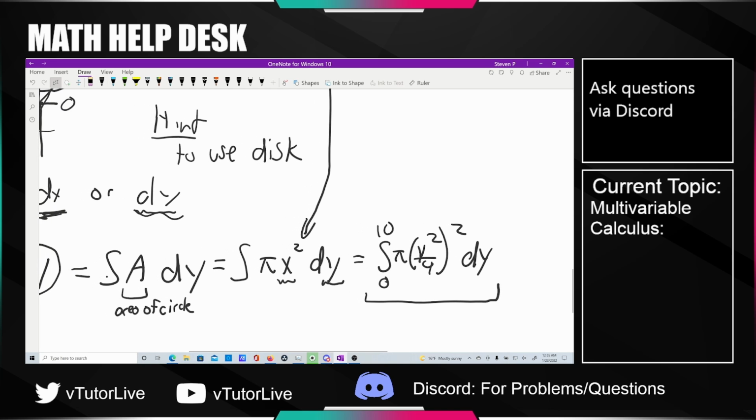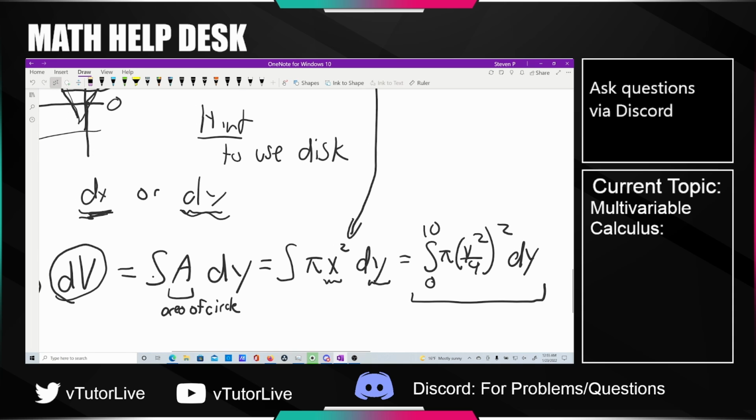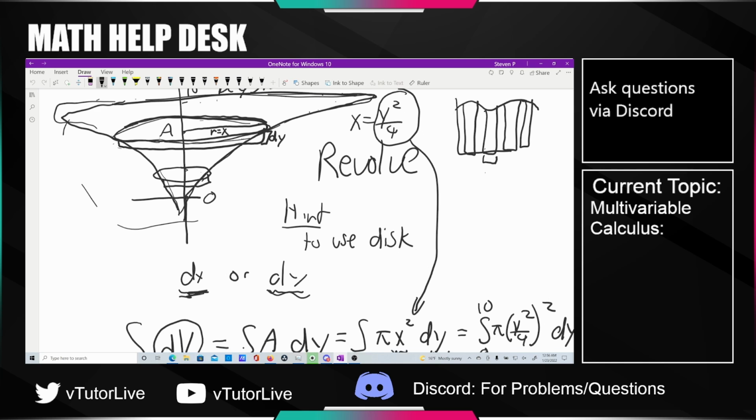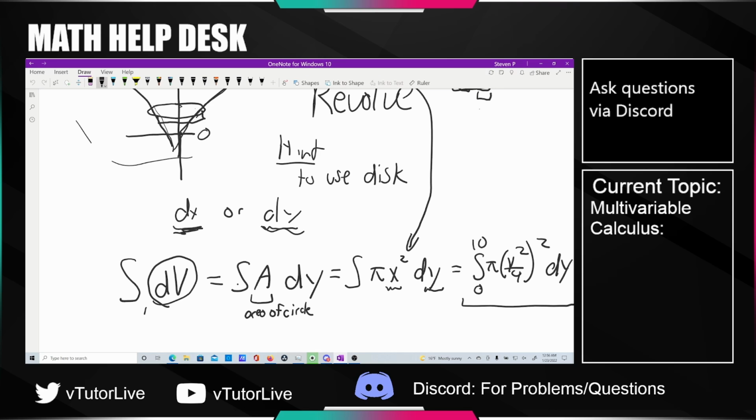You see this process? Once you can get a comfortable grasp of what this infinitesimal cylinder is, or whatever your infinitesimal object is, be it an infinitesimal cylinder or an infinitesimal washer, once you understand that infinitesimal, you can say, I'm going to take that infinitesimal area, and this integral is just saying I'm adding up all of those infinitesimals.